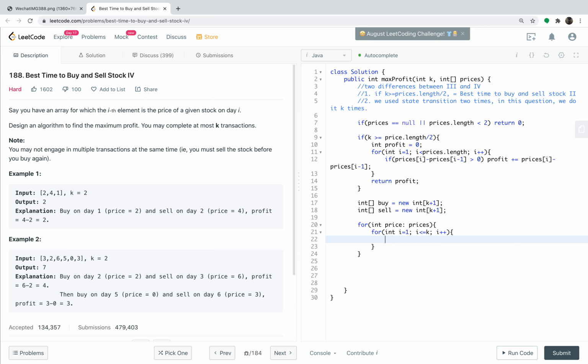Then we can do a similar transition from buy 1 to sell 1, which is buy[i] equals the minimum of buy[i] and price minus sell[i-1].